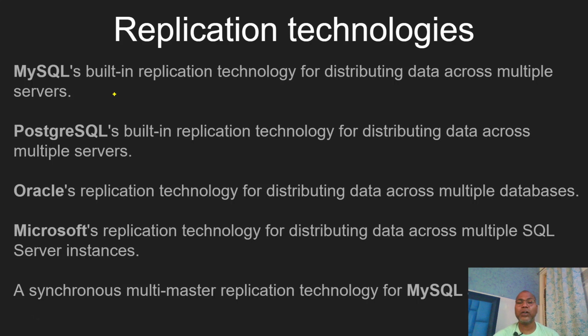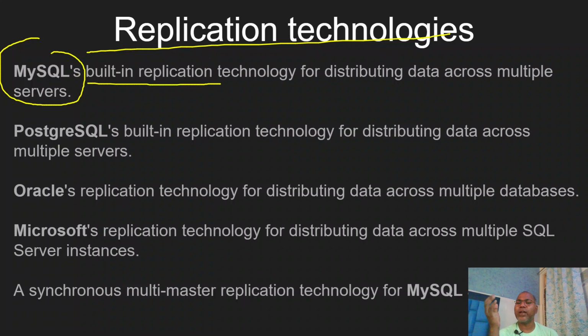If you talk about replication technology, MySQL has inbuilt replication technology for distributing data across multiple servers. You just have to know the architecture of MySQL, how to configure it, and how to provide the different inputs to the MySQL engine, and the engine does the replication for you. Similarly, the Postgres database already has inbuilt replication technology, distributing your master data to multiple servers.